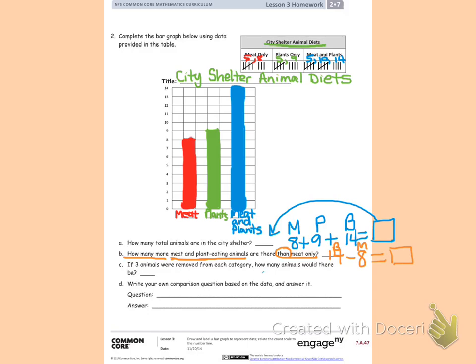Now, item C says, if 3 animals were removed from each category, how many animals would there be? What you need to do here is a multi-step process. Let's take the meat category, which is 8, and remove 3.